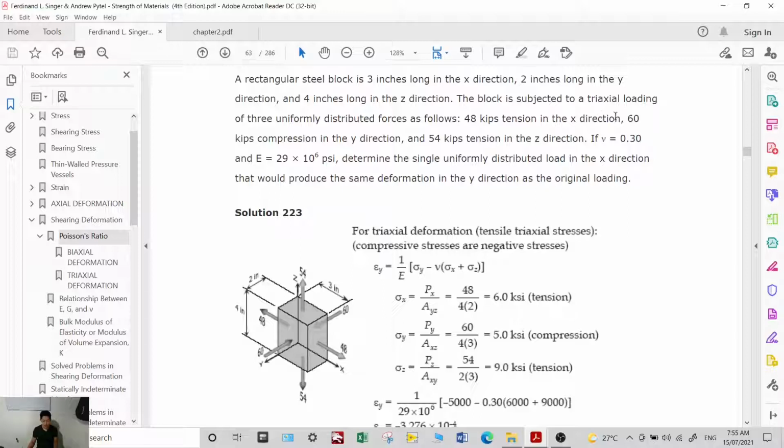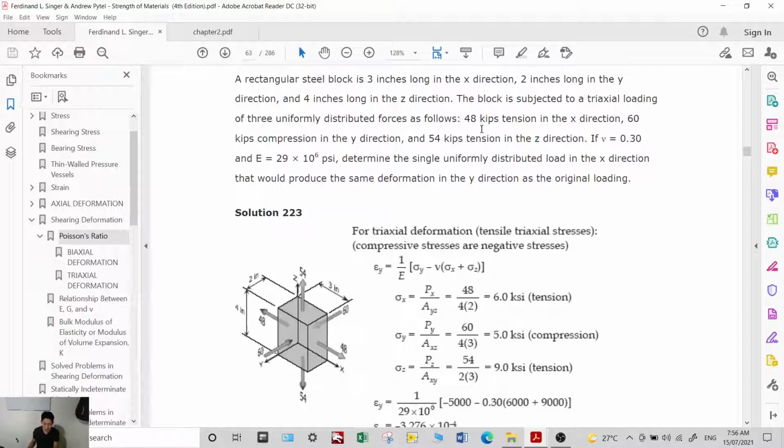The block is subjected to a triaxial loading of 3 uniformly distributed forces: 48 kips in the X, 60 kips in the Y, and 54 kips in the Z direction. Now, kips is short for kilo-pound. So 1,000 pounds, meaning 54 kips is 54,000 pounds of force.